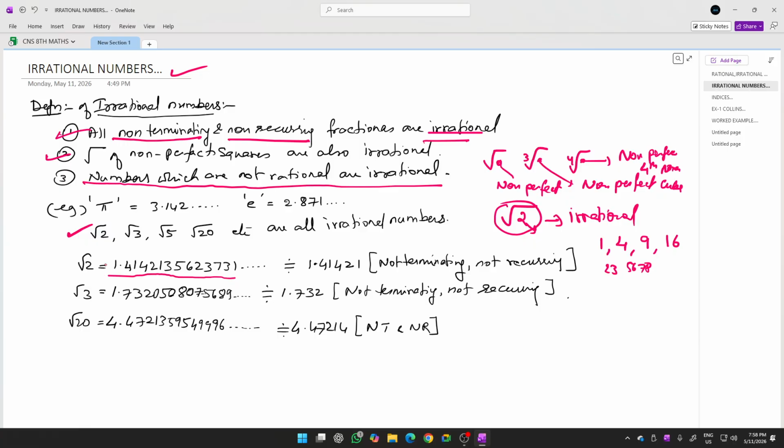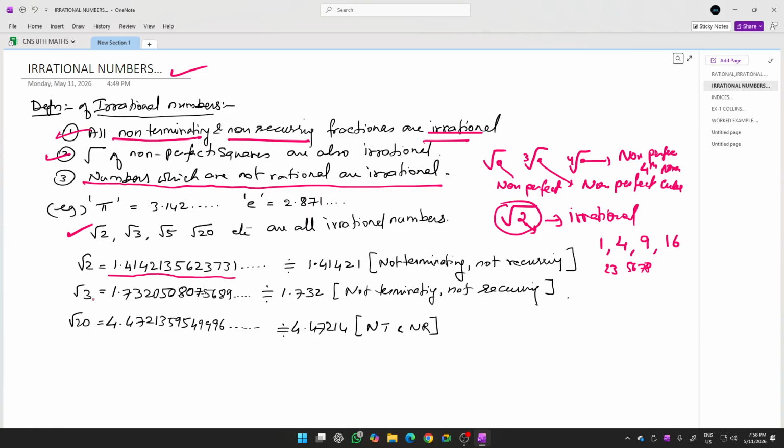Same way root 3. Under the radical sign you have 3. 3 is a non-perfect square. And if you try to find out the value, maybe by calculator or by some other method, you will get this as the answer: 1.73205080756889, and still it will go on.